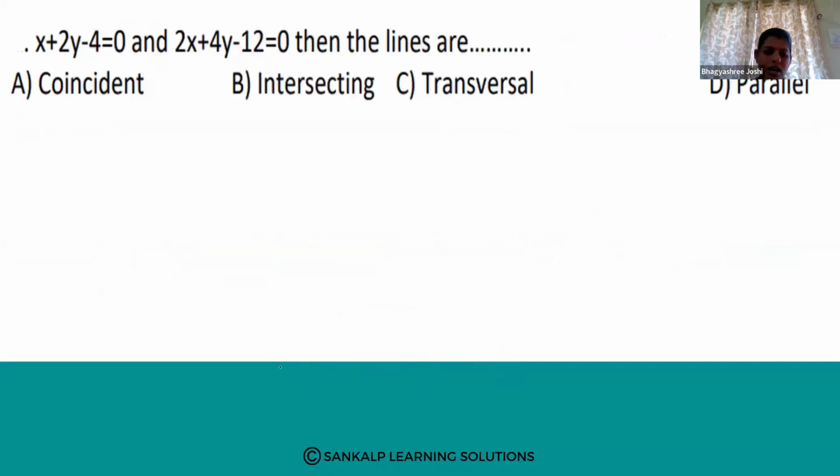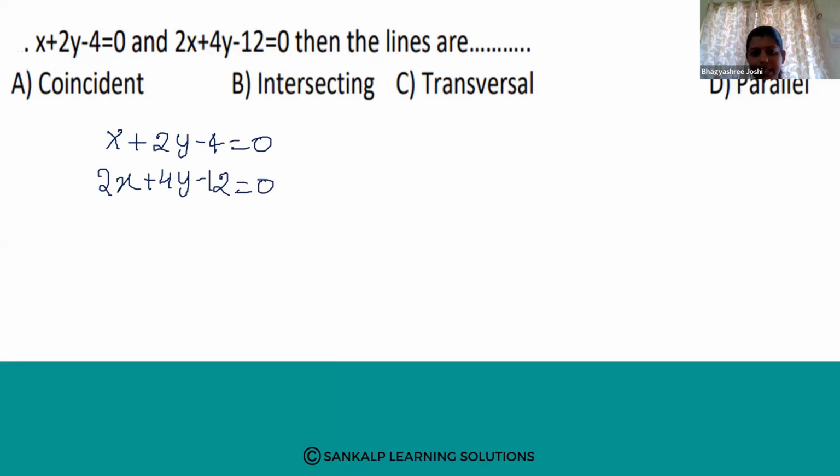Next, x plus 2y minus 4 equal to 0 and 2x plus 4y minus 12 is equal to 0. Then the lines are whether they are coincident or intersecting or transversal or parallel.